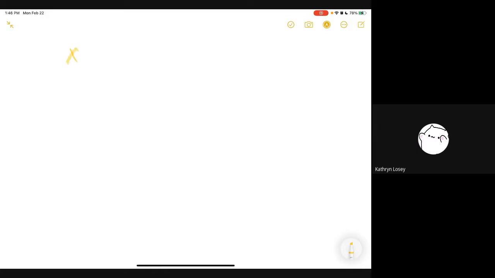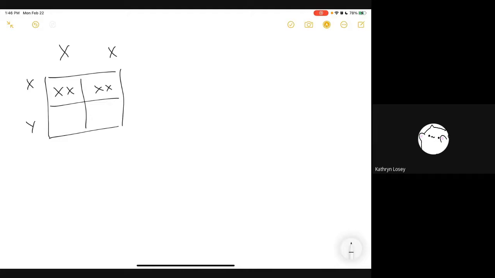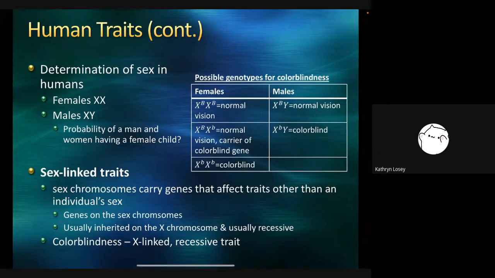What is the probability of a male and a female having a female child? You have a 50% chance of a male and a 50% chance of a female. Okay, go back to the PowerPoint.